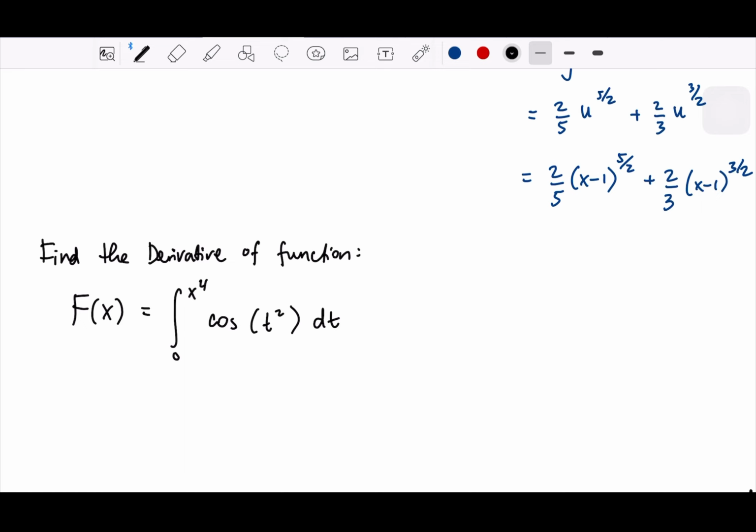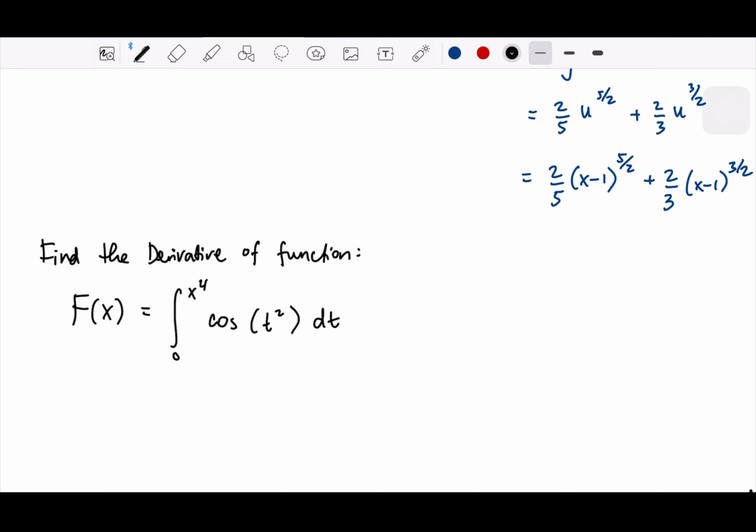But the idea is still the same. When you need to find increasing or decreasing, you need just to derive once, and if you want to find the concavity, derive twice, the second derivative. It's still the same. But the difference is the function inside. It has the fundamental theorem of calculus technique that you need to solve.